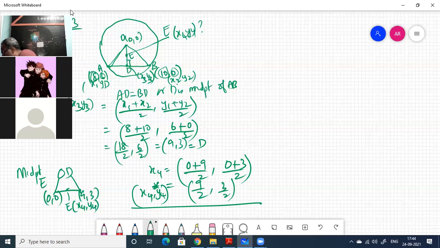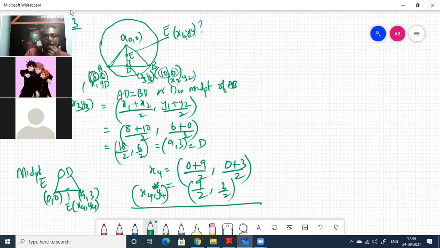You understood? Any questions there? It's very straightforward. The perpendicular from the center to the chord bisects that chord at the point D where the perpendicular is drawn. That is a property from geometry that you should know.